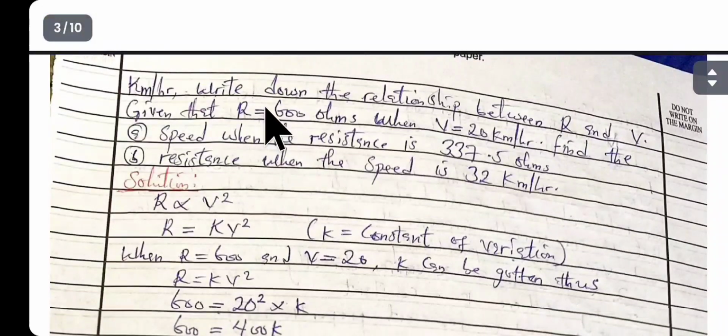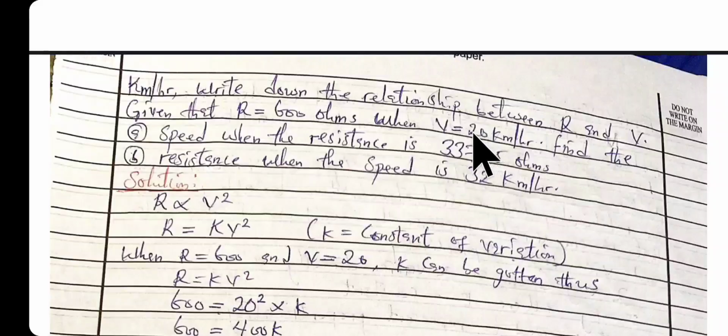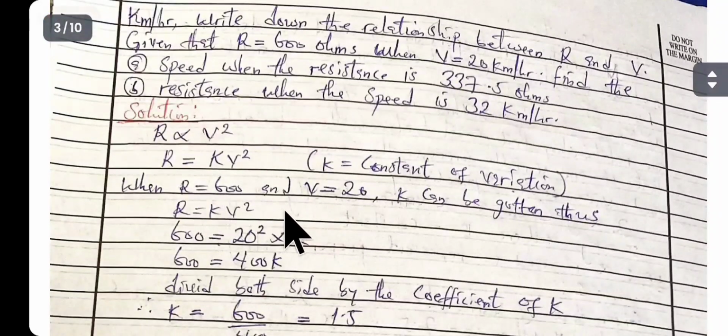To get your k, discover that your R is given to be 600, your V is given to be 20. So therefore, when R is 600 and V is 20, k can be gotten thus. R from the formula is equal to k v squared. R is 600, equal to k, which is not given.